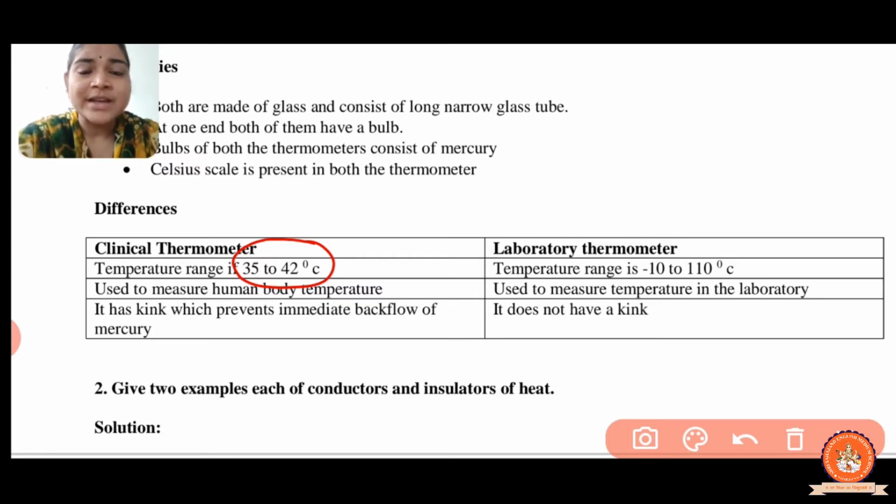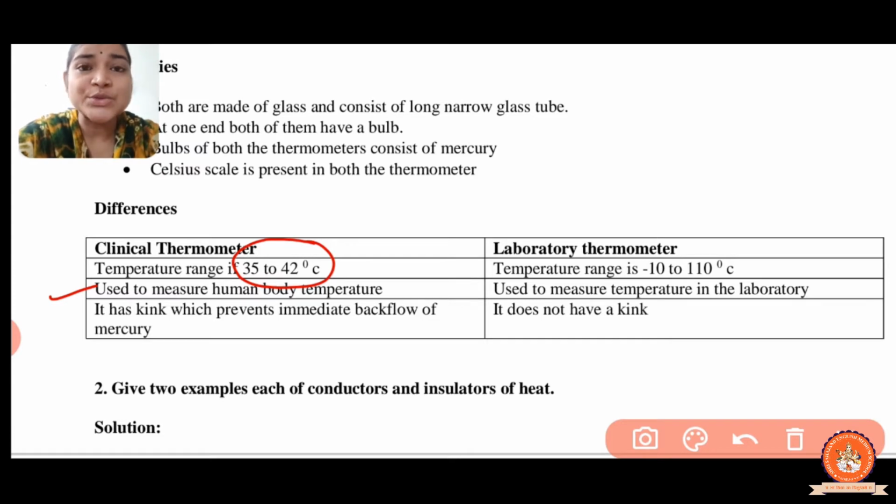Got it? Now the second difference: the clinical thermometer is used to measure only the human body temperature. Again I repeat, the clinical thermometer is used to measure the human body temperature, whereas the laboratory thermometer is used to measure the temperature in the laboratory.